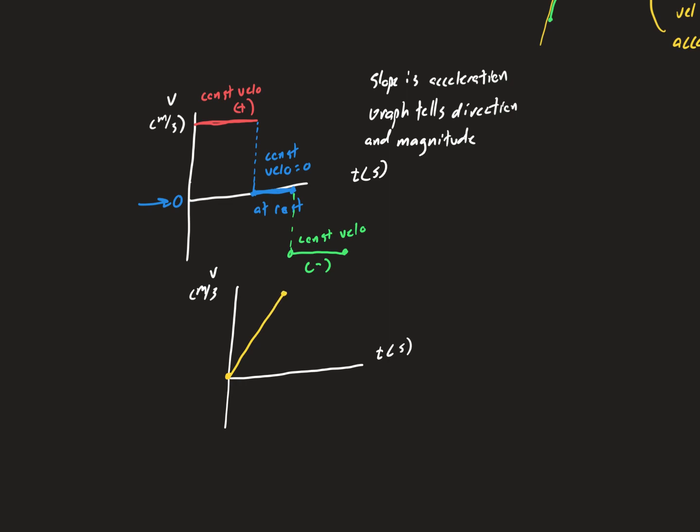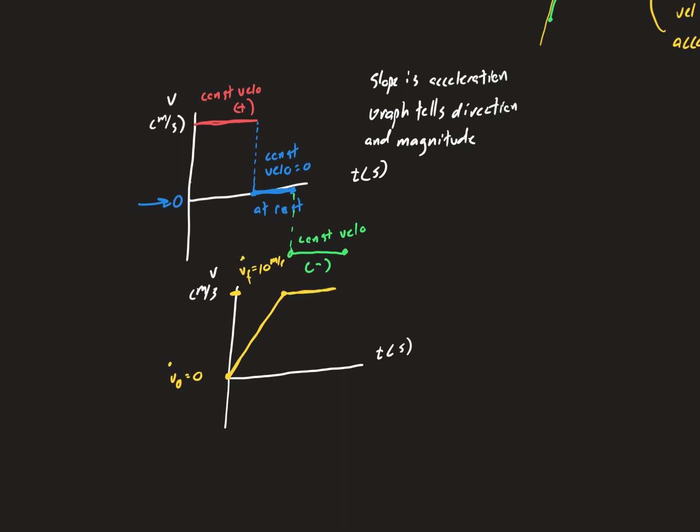So here's my first sketch right here. My initial velocity was 0, and then my final velocity is some value, let's just call this 10 meters per second for fun. Notice the velocity values changed, so that means I had to accelerate. So here's an example, it's accelerating.